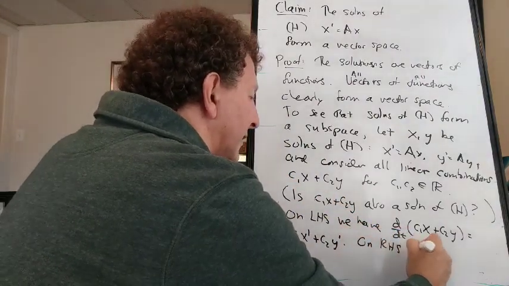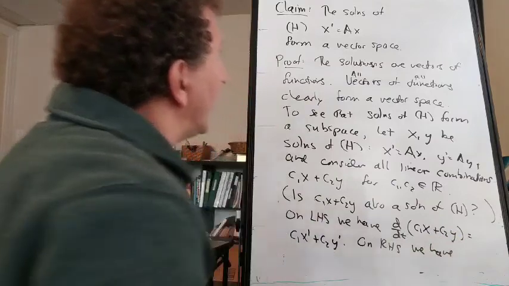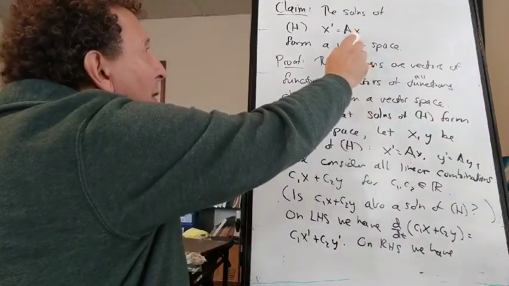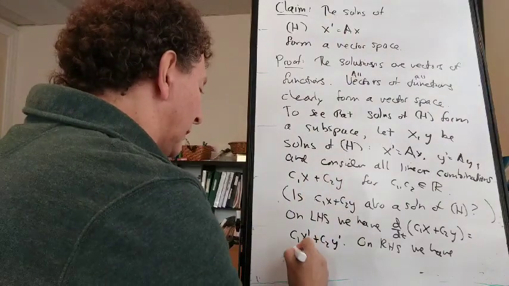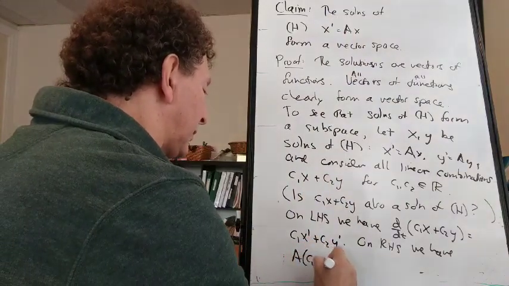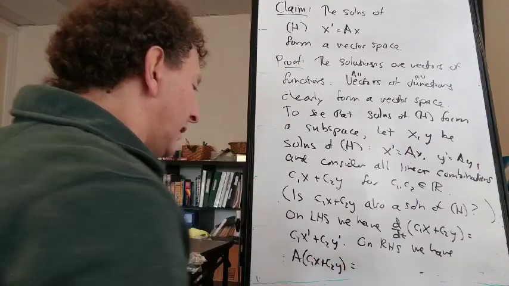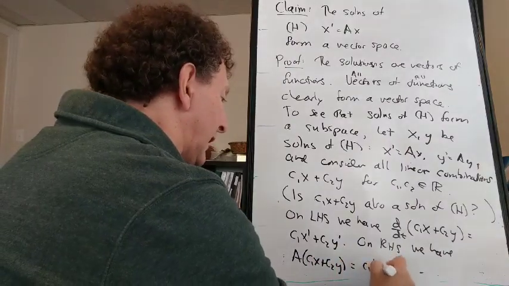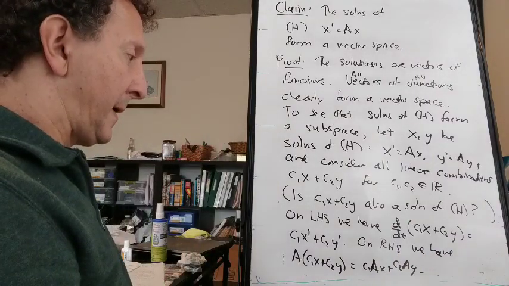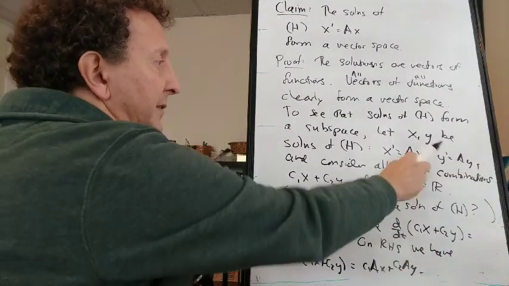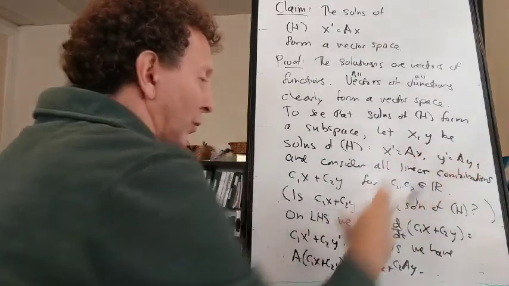On the right-hand side, what if we plug in c1 x plus c2 y where there's an x here? So A times c1 x plus c2 y. That is c1 Ax plus c2 Ay. But Ax is x prime and Ay is y prime.